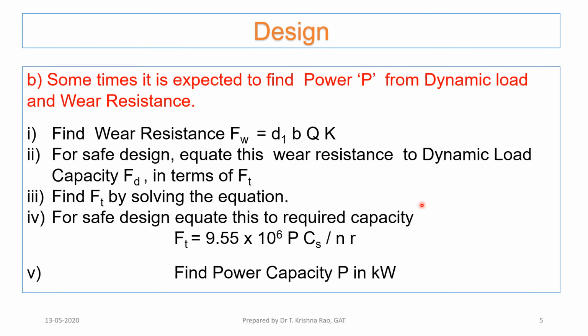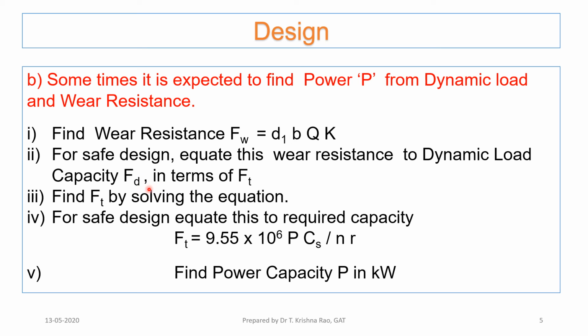Sometimes they will ask, depending on the dynamic load and wear load capacity, what power it can transmit. In such a case, we first have to find the wear resistance capacity of the gear. This is given by D1 BQK. This is equation 23-160, which we have already used earlier, for the wear resistance of the given material, given size of the gear, and Q and K. K depends on the hardness; we select it from the table. So we find the Fw value by substituting this. Then we go to the dynamic load and equate this Fw to the dynamic load Fd.